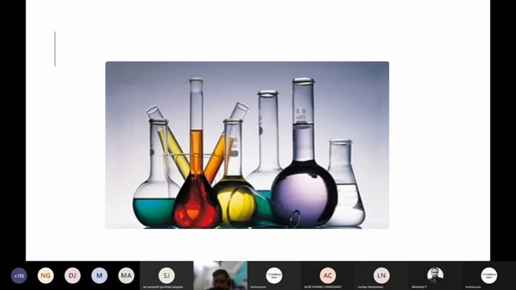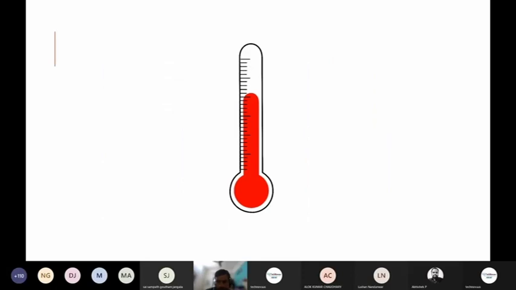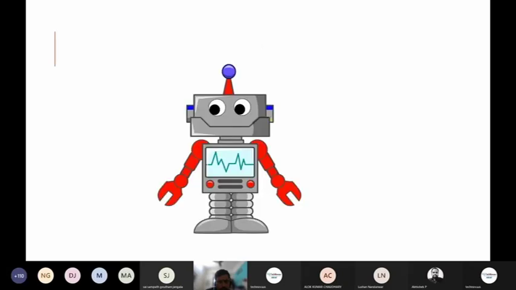Sparking pencil. Fire resistant material. Okay. Chemical pencil. Look at the robot. What comes to your mind?